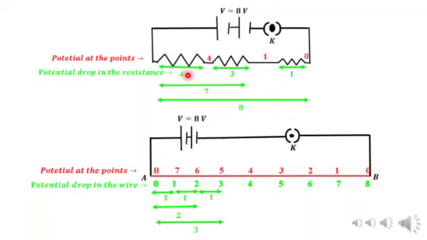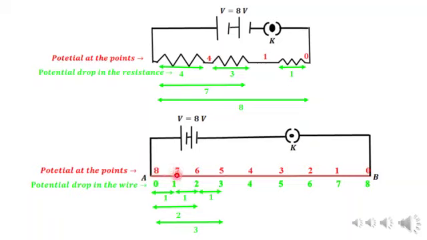Consider a circuit with a battery, key and a potentiometer wire as shown in the figure. When the key is closed, current flows through the potentiometer wire. Since it is a resistance wire, potential drops across the wire. Since 1 volt drops in this length, potential at this point is 7 volt.